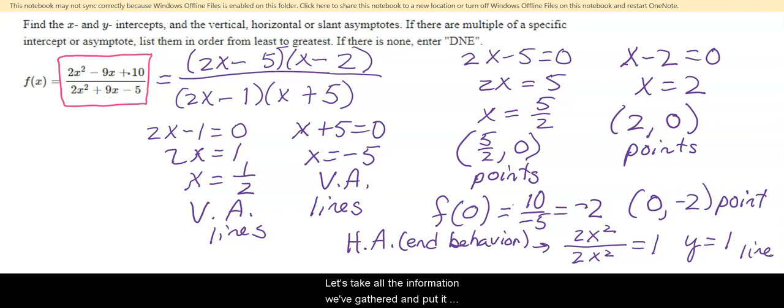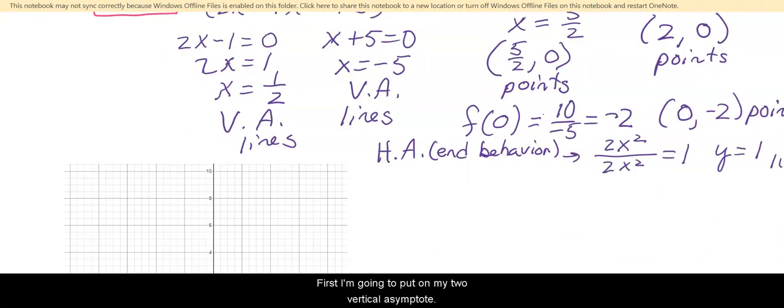Let's take all the information we've gathered and put it onto the graph to see what else we need to complete. First, I'm going to put on my two vertical asymptotes. I have two vertical asymptotes, one of them at x = 1/2 and one at x = -5.